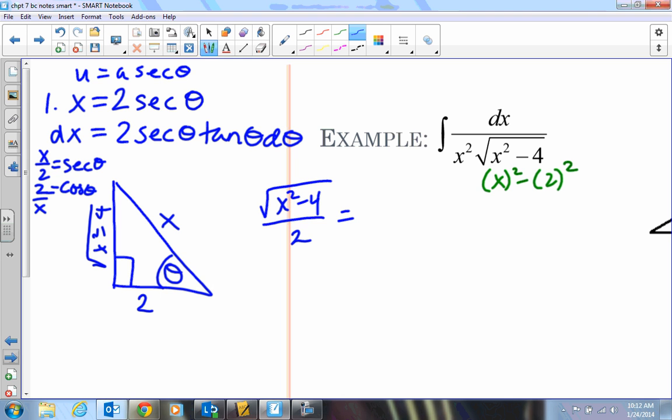In this case, the radical over this number equals what relationship? Opposite over adjacent. Tangent. Now go fill it all in. You've got all the information you need.